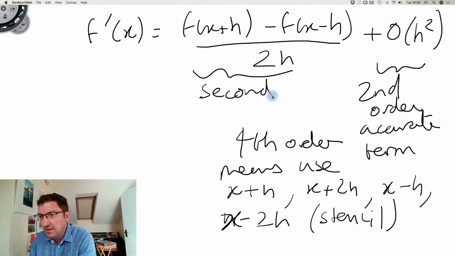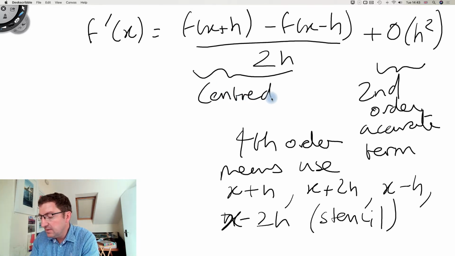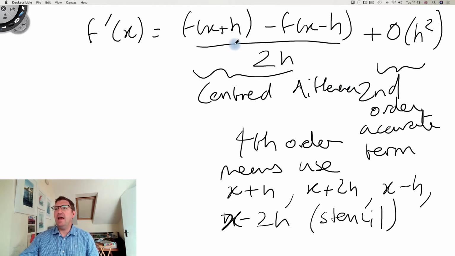This is also called a center difference, because you're differencing either side of x, and it's a very common choice in numerics in the sense that it doesn't use too many points, but also gives you second order accuracy. And second order accuracy tends to be quite a good working accuracy.